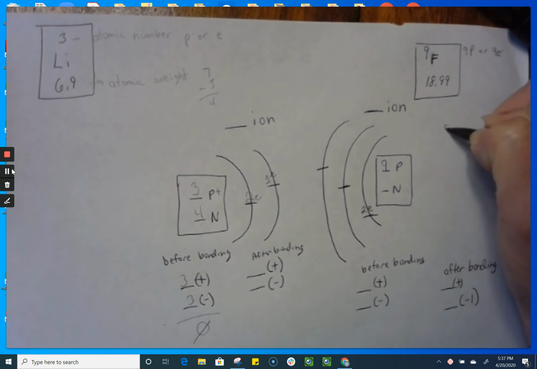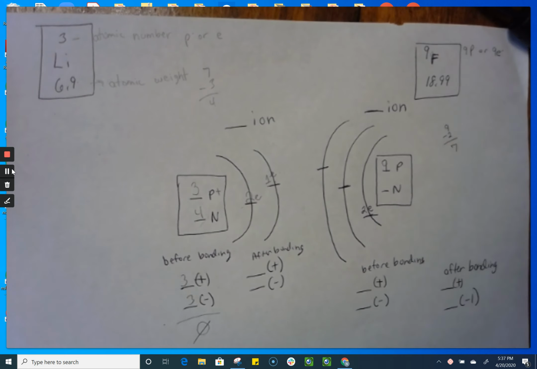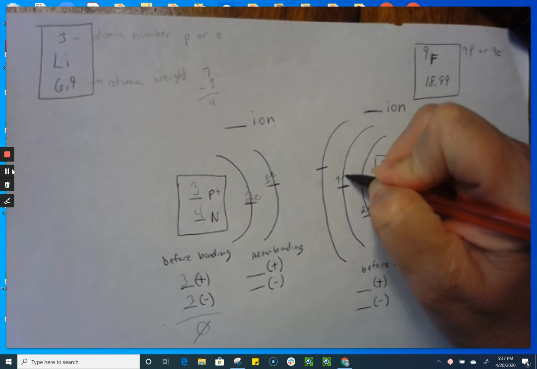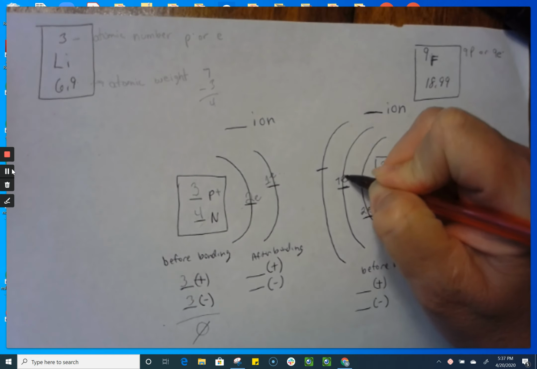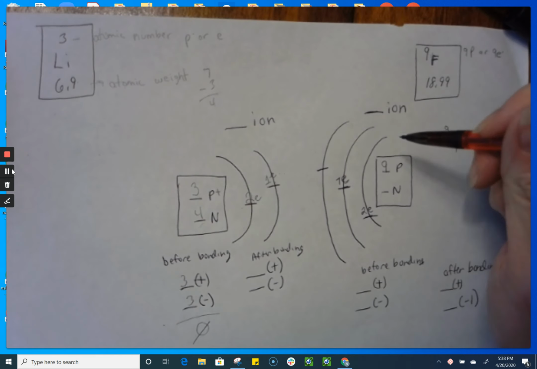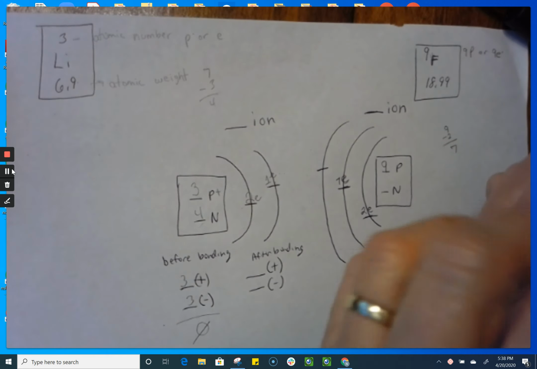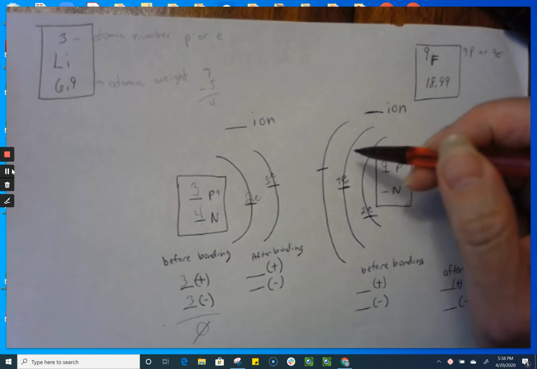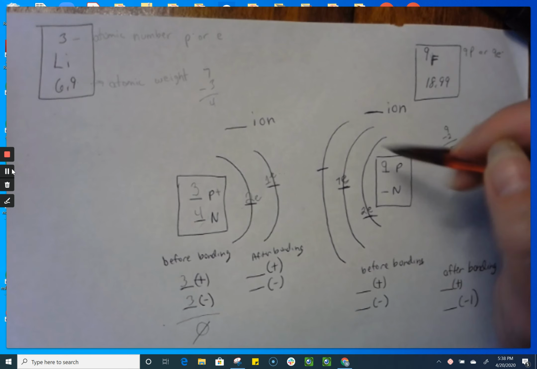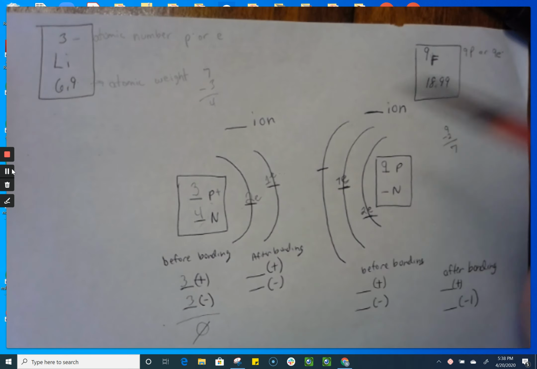So if we start with 9, we place 2, that leaves us 7. The second energy level can actually hold up to 8, so those 7 will place right here. Remember that the second energy level would like to be filled with 8 electrons. It has 7.